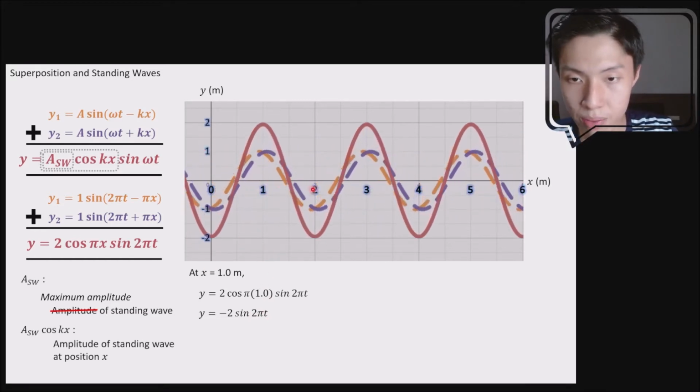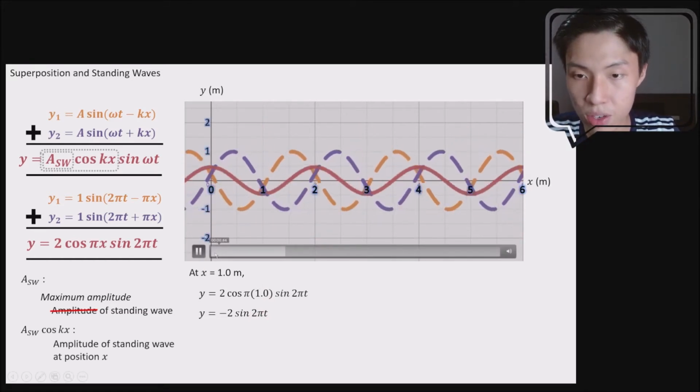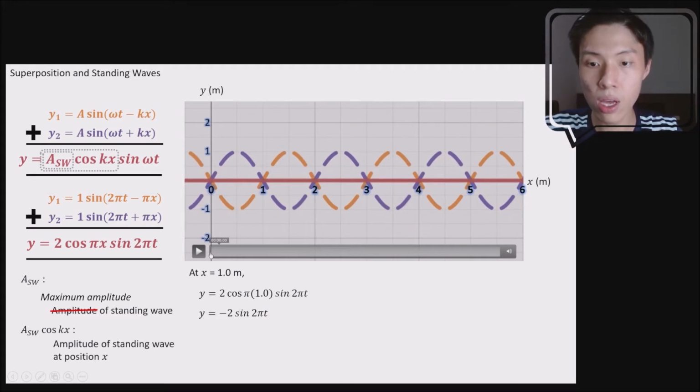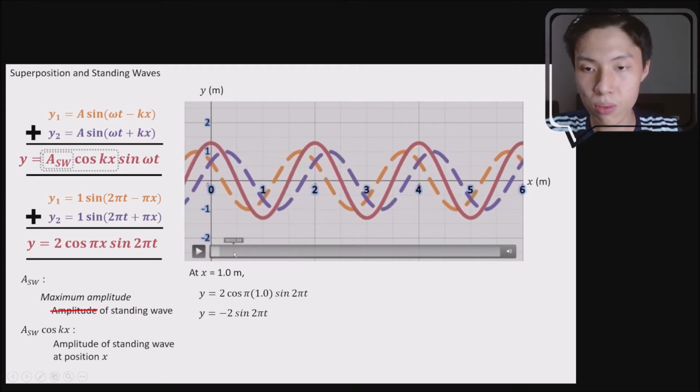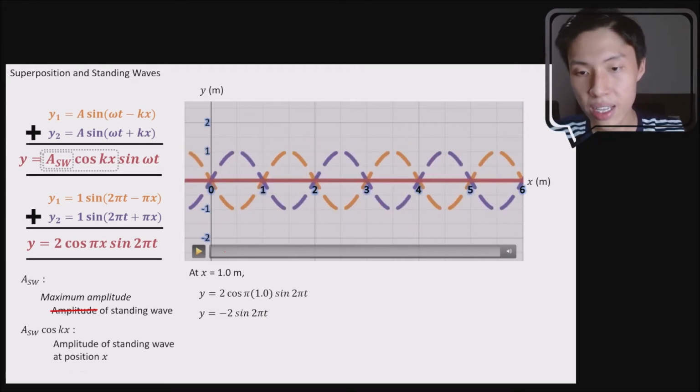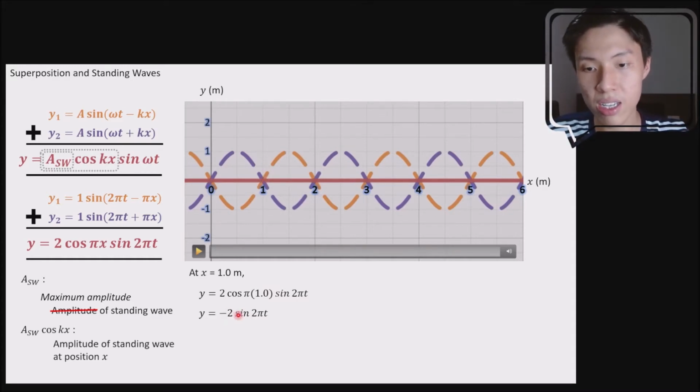So let's look at this graph over here. Let's replay it from time equals 0. Focus at how the particle at x equals 1 moves when I start the timer. Because it's a negative sine curve, you should see this particle start by moving downward first, then upwards, then downwards.